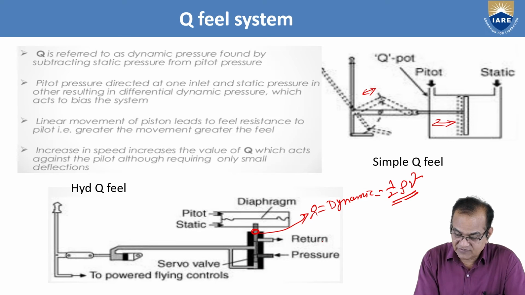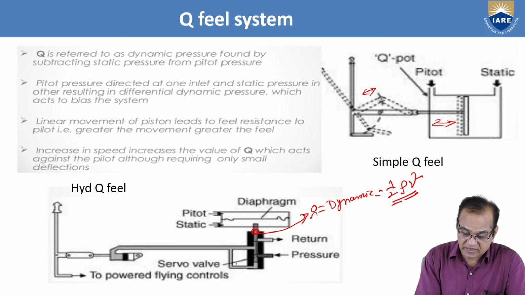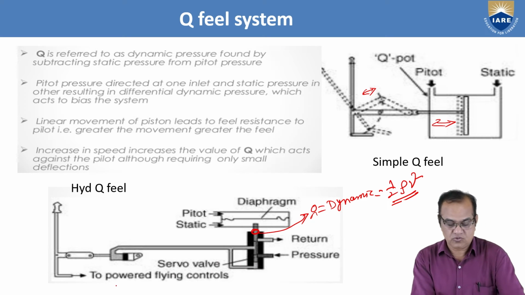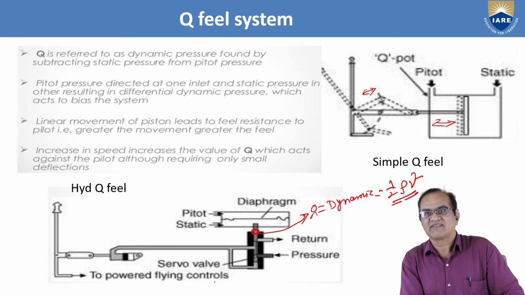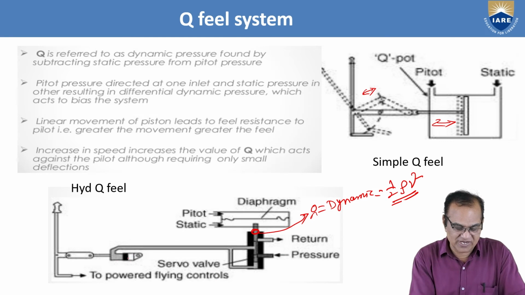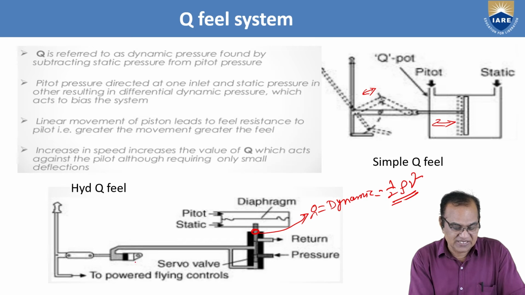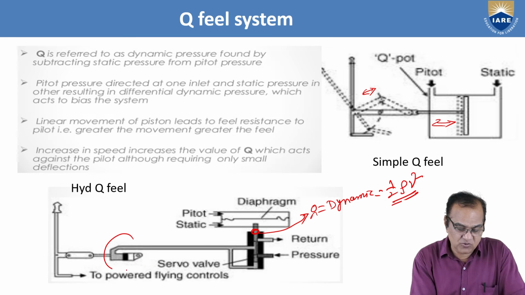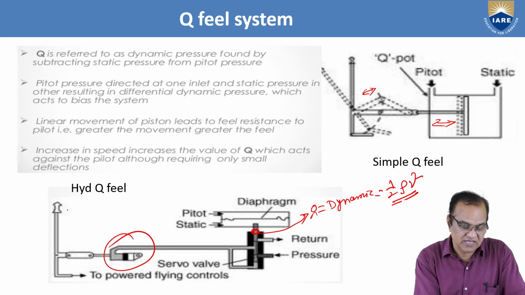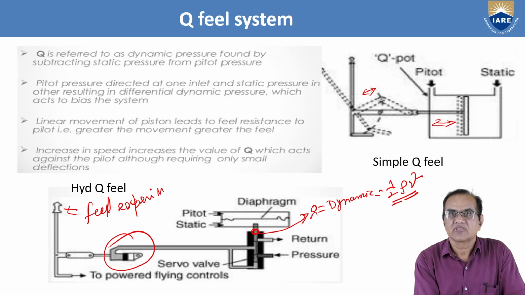Here, if you see, it is a return line and this is the pressure line. Here is the servo valve, powered by flying control, and here is one jack, and here you are getting the feel, experienced by the pilot.